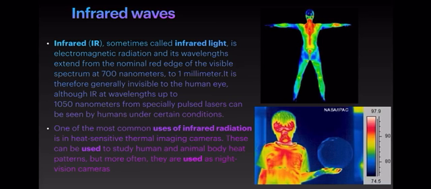One of the most common uses of infrared radiation is in heat-sensitive thermal imaging cameras. These can be used to study human and animal body heat patterns, but more often they are used as night vision cameras. The figures on the side show us the different temperatures in the human body.